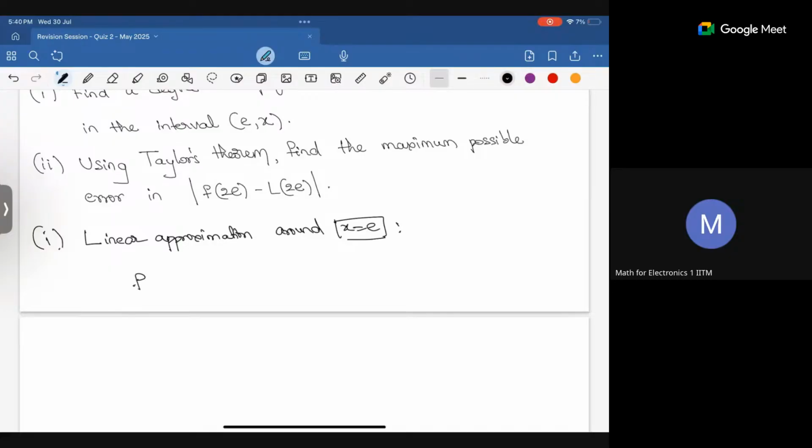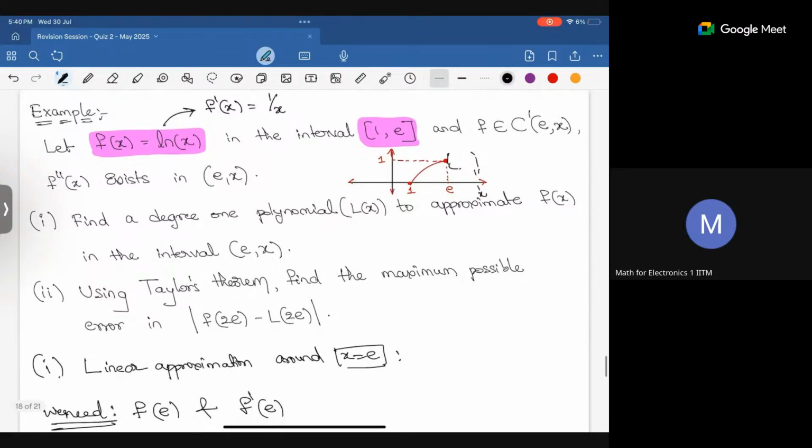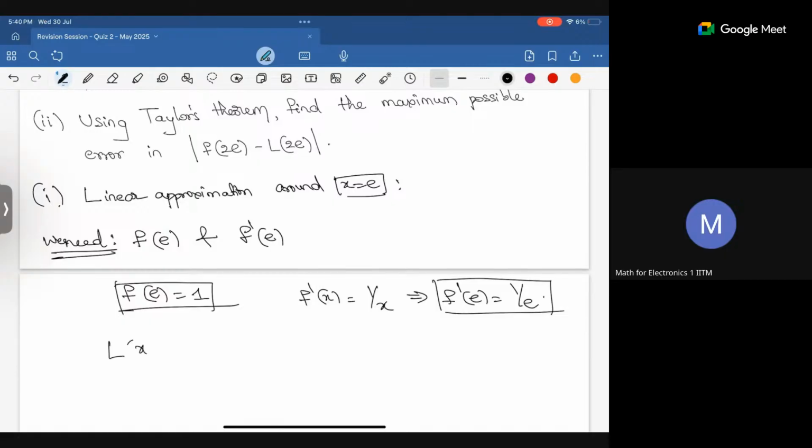For that, I need f of e and f prime of e. So we need these two. f of e is 1. For f prime of e, as I gave you, f prime of x will be 1 by x, which implies that f prime of e is 1 by e. Once you have these two things, I can compute L of x. So L of x is simply f of e plus f prime of e into x minus e.